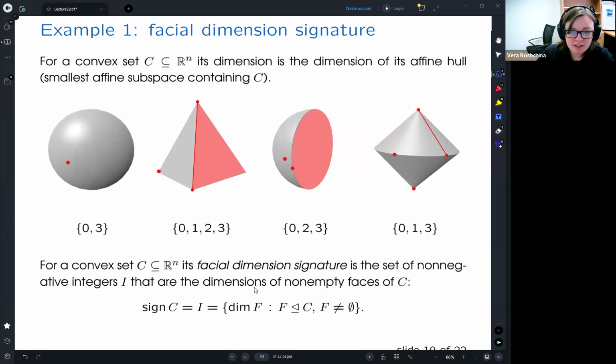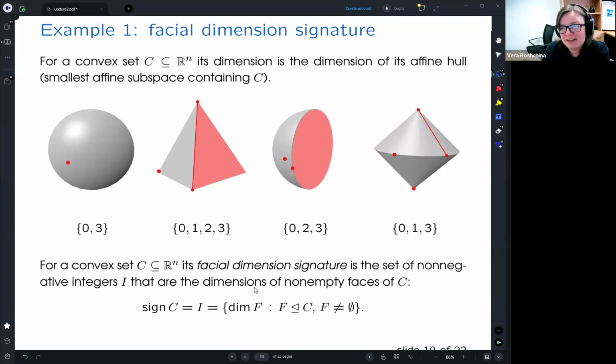So if I take the Euclidean ball, for example, then I have the ball itself. The dimension of that ball is the dimension of the space. So here I have a ball in 3 dimensions, so the dimension is 3, right? I look at all other faces. They are just the points on the boundary. The dimension of those points is 0. If I look at polytopes or polyhedral sets, then I have all possible dimensions, right?